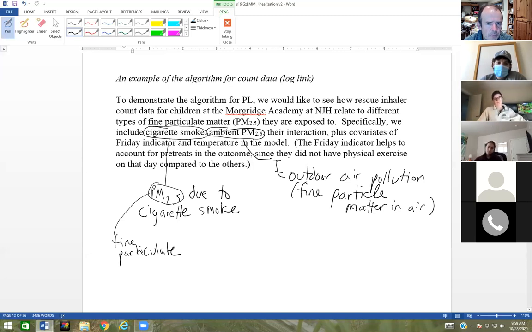If you have more exposure to one, how does that affect the relationship with the other one to the outcome? So in order to do this, I had to include both types of air pollution as predictors in the model, plus their interaction, to see what was happening with all of these things at the same time.